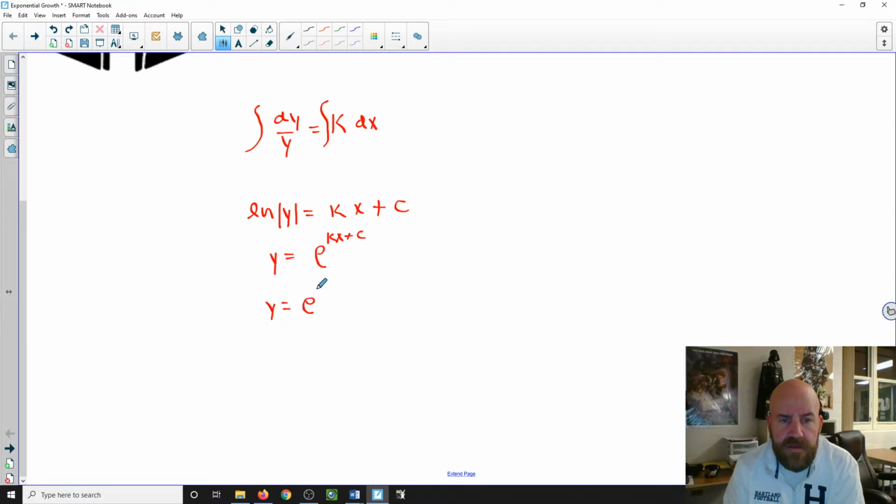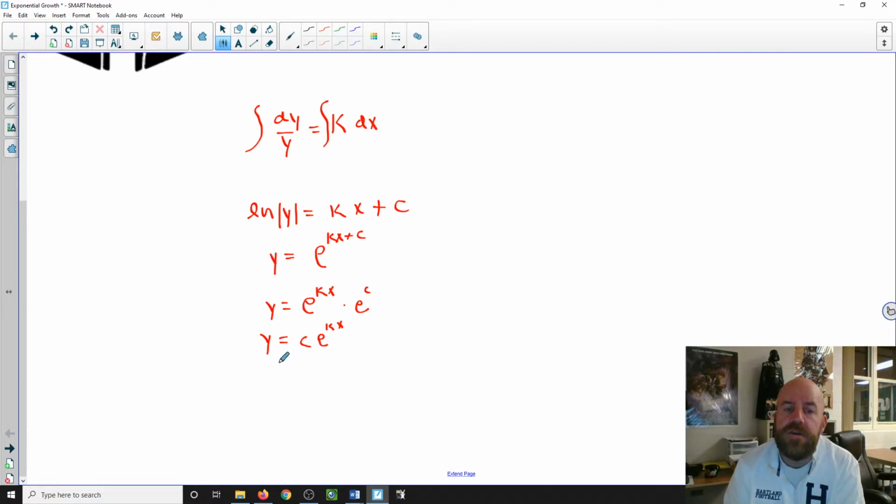So we get e to the kx times e to the c. And then e to the c is just a constant. So we can change e to the c to just c, and we're multiplying, so we'll have that out front. So we get c times e to the kx.